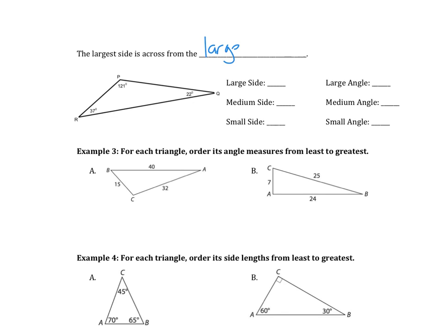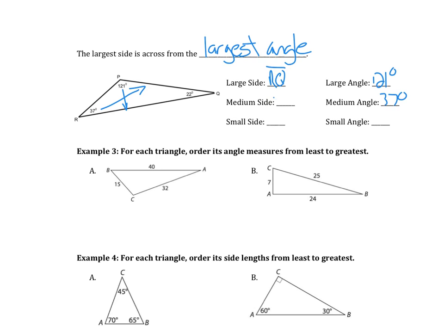So the converse of what we just did is still true. So here, my largest angle is 121. So then my largest side is going to be RQ. And then my medium angle is 37.